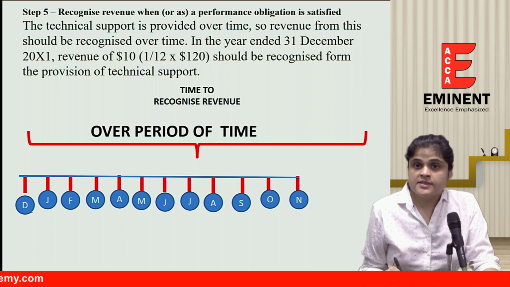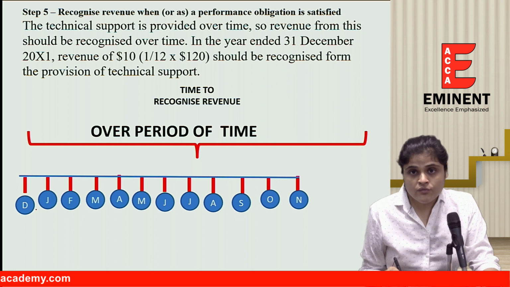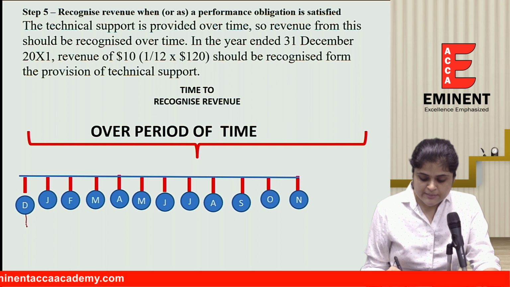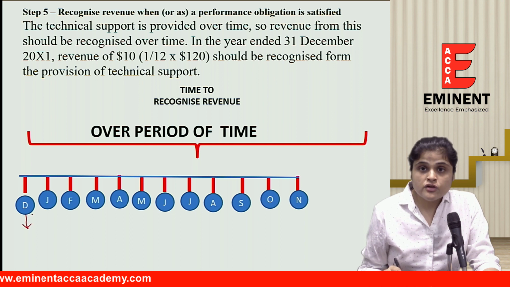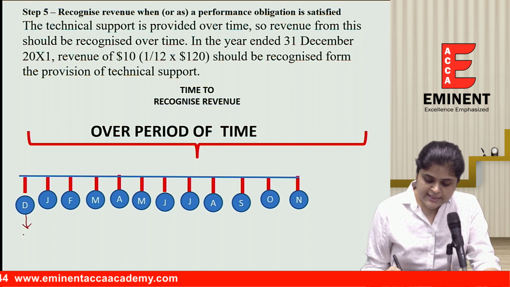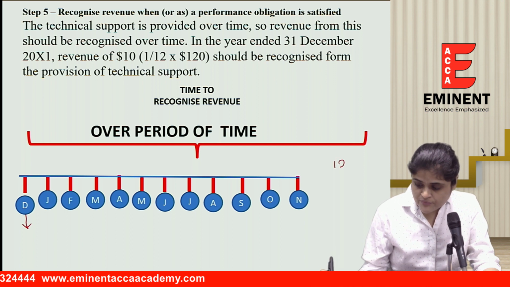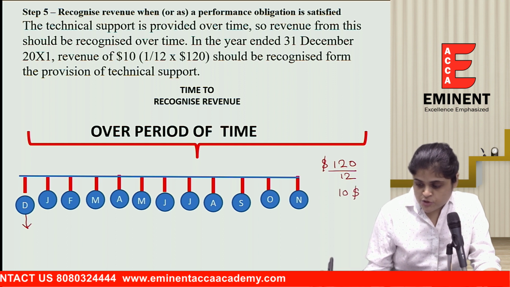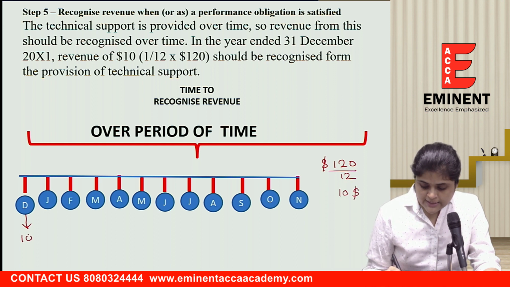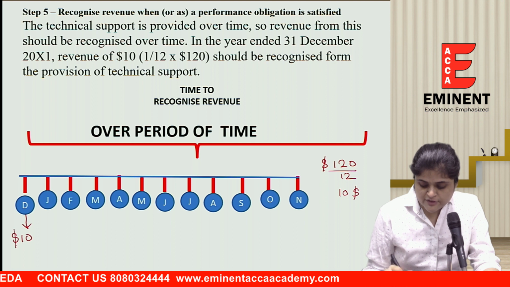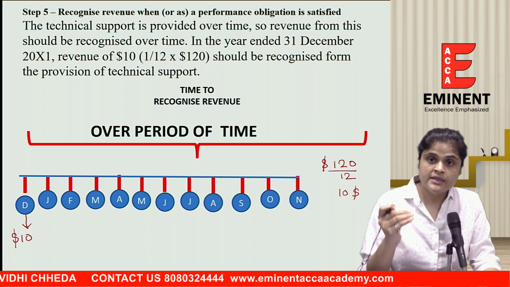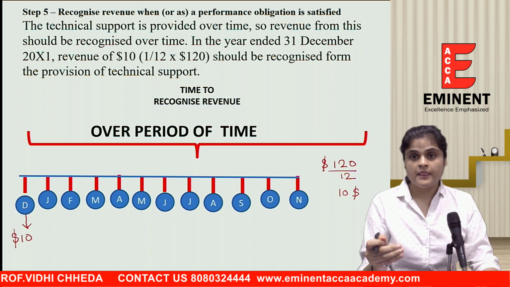As soon as the service for any particular month is over, we will provide revenue recognition for that month. December, at the end of December month, we will recognize revenue. How much? $120 for all the 12 months. So $10 for each month. So here $10 will be recorded as revenue. जितना सर्विस प्रोवाइड किया है उतना ही रेवेन्यू रिकॉर्ड करोगे.